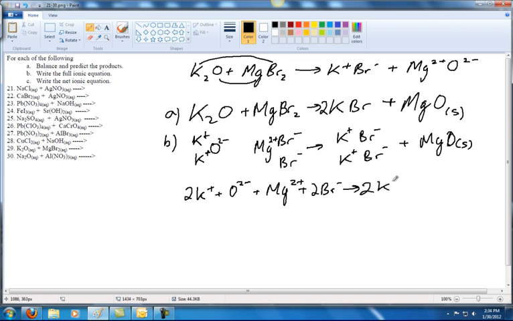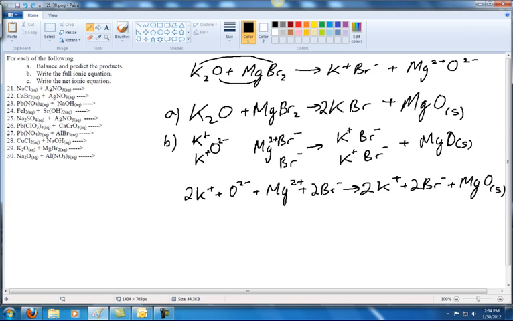We'll have 2 K+, plus 2 Br-, and we'll have MgO solid. Alright, so that's for part B, and that's the full ionic equation right there.